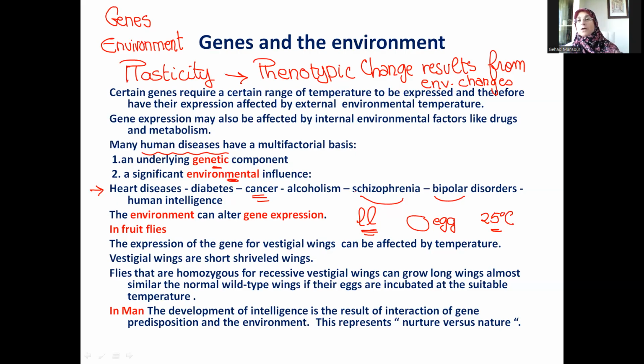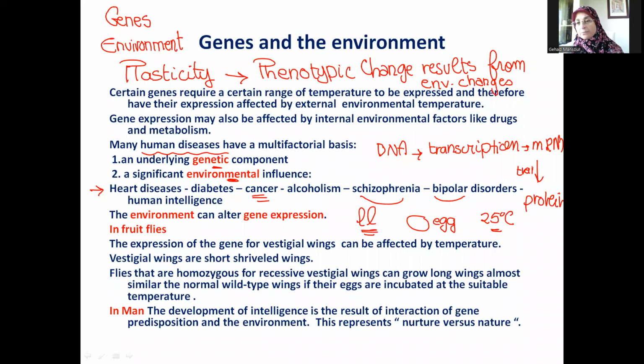How does this occur? How does the environment affect wing length and other characteristics? And how does temperature in particular affect the expression of the gene? As you know, the gene is a DNA segment, and that DNA should first be transcribed into messenger RNA, and then messenger RNA would be translated into a protein.